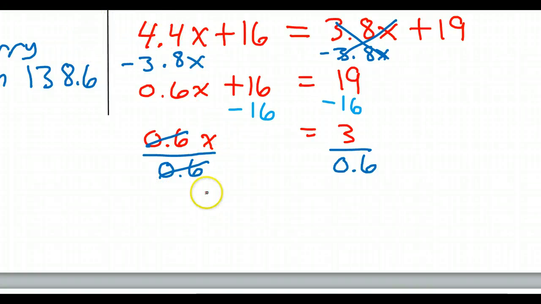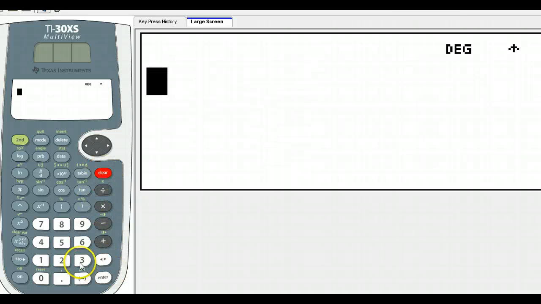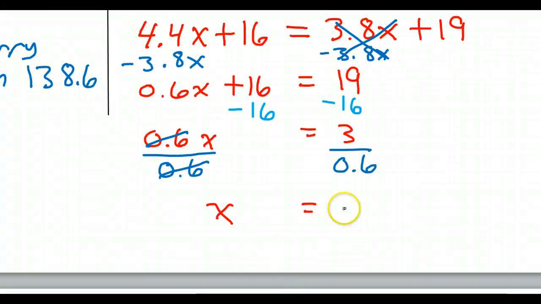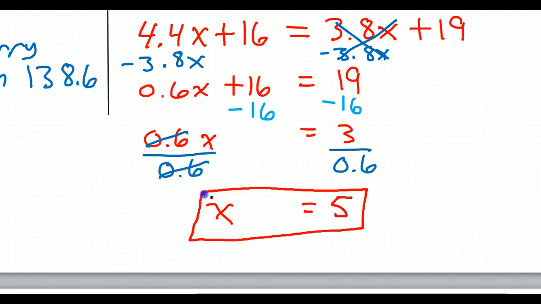And that is going to give me x equals 3 divided by 0.6. It's 5. So x equals 5.